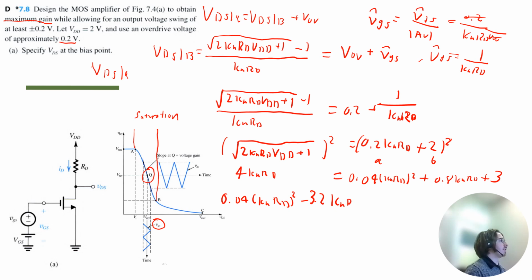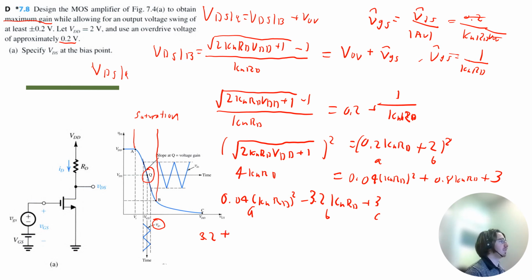Kn Rd plus 3. Now we can use the quadratic formula. If this is A, B, and C, it's negative B, 3.2. For any kind of MOSFET BJT problem, when you're taking a square root, always do the plus sign.